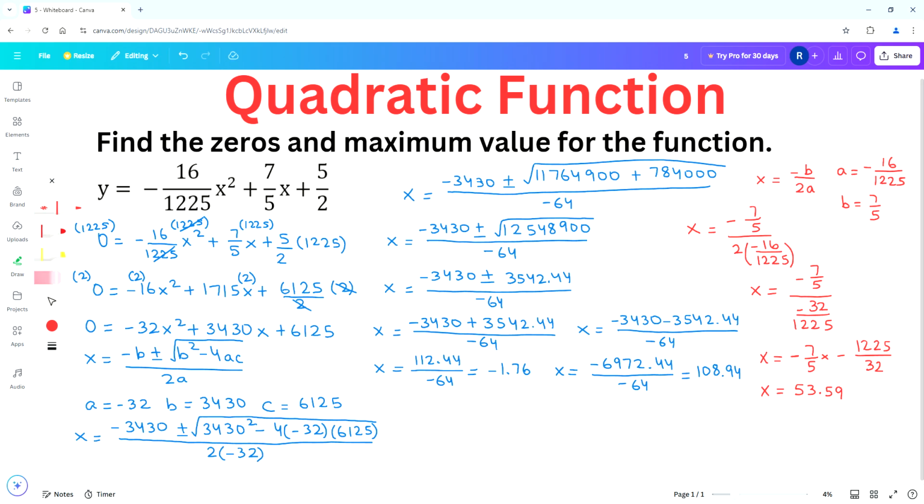Next, we should sub in this x value in the given function equation to find the value of y, and that will be the maximum value for the function.